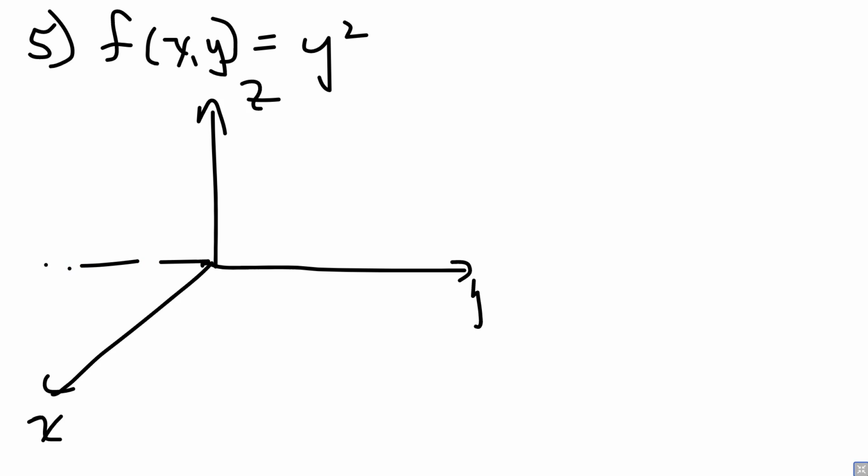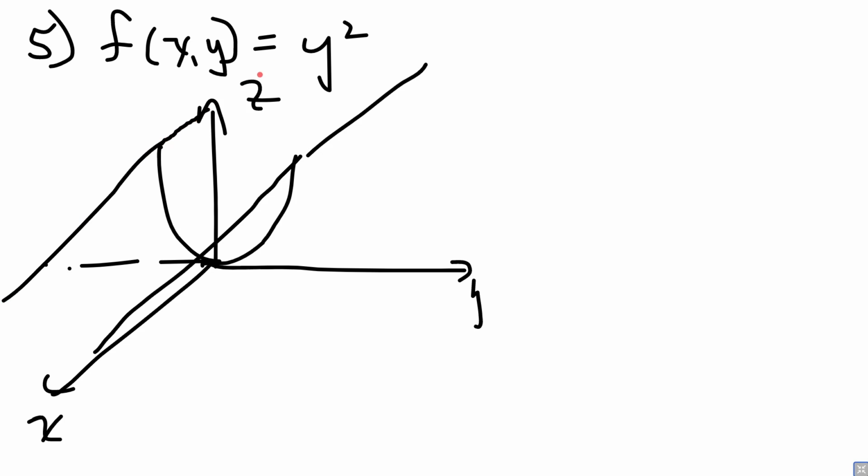So if I take a look at this, it means that I'm basically going to create parabolas along the y and z, so it's going to be up and down. But I can expand this along the x-axis.